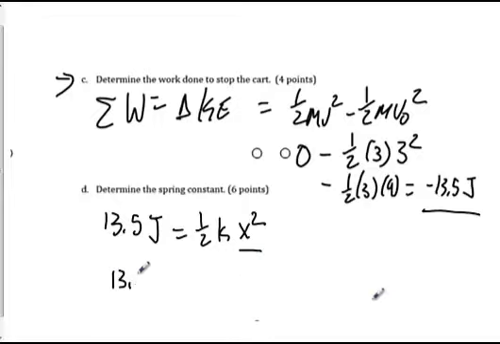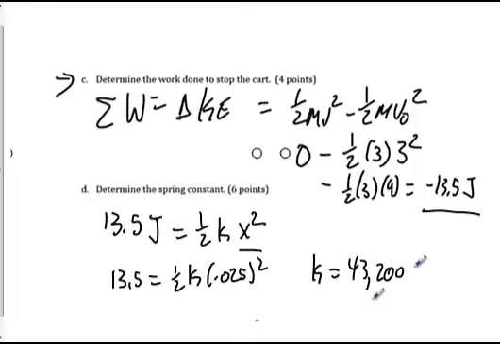So 13.5 equals 1/2 k times 0.025 squared. And if we do the math there, we see 13.5 times 2 to get rid of that half, and then divide it by 0.025 squared. When we do that, we get a spring constant of 43,200 newtons per meter.